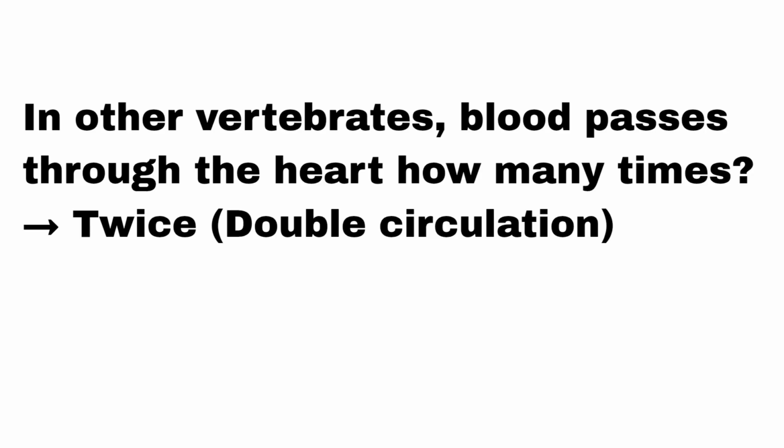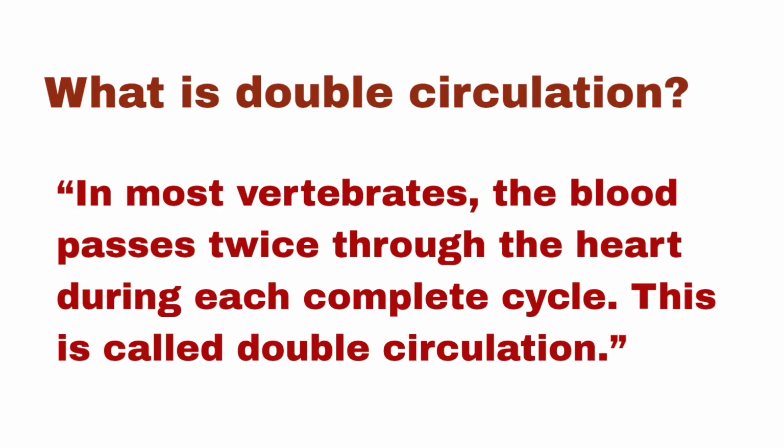Once. And what do we call when the blood passes twice through the heart in one cycle? Double circulation. What is double circulation? Double circulation means the blood passes through the heart twice during one complete cycle of circulation.